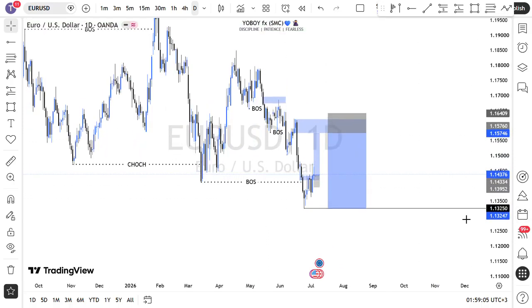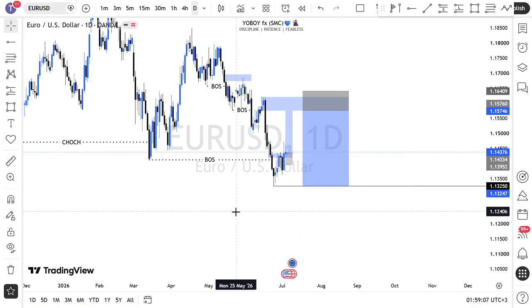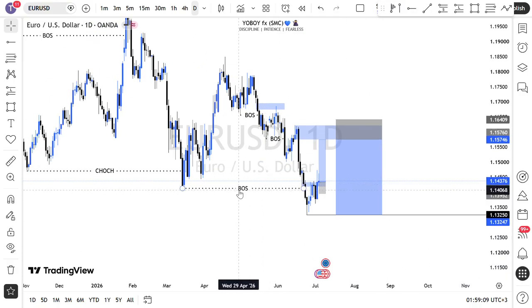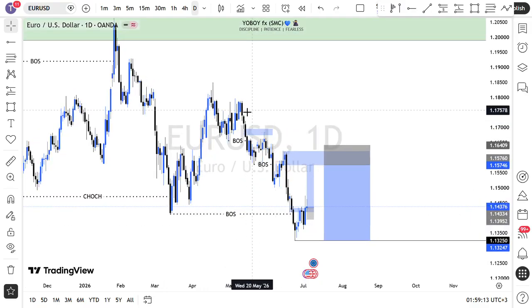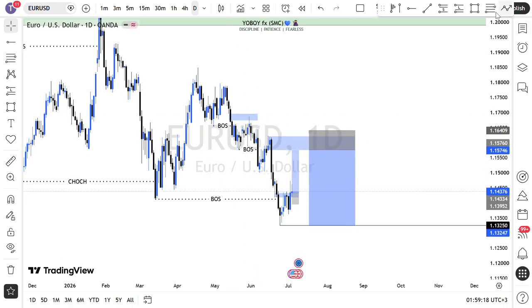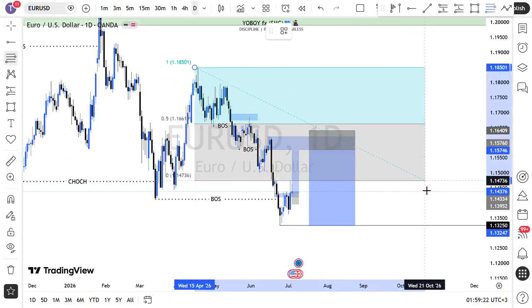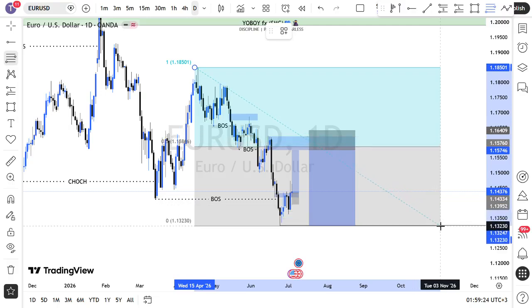So normally, what we always expect is that once price breaks a structure or we have a change of character, most of the time you will find the price using these internal structures as liquidity. So in short, what I'm trying to say is that price has to come into a 50% level before we look for more sales to the downside.